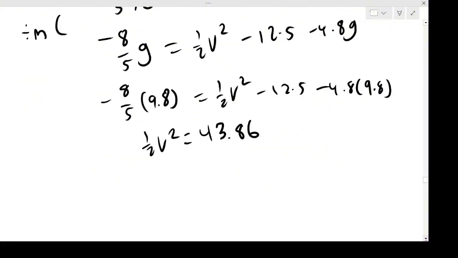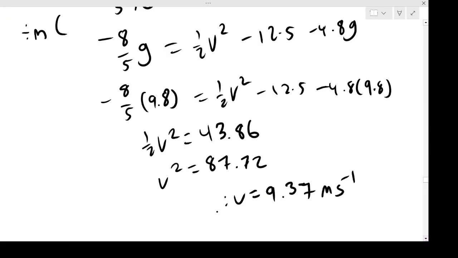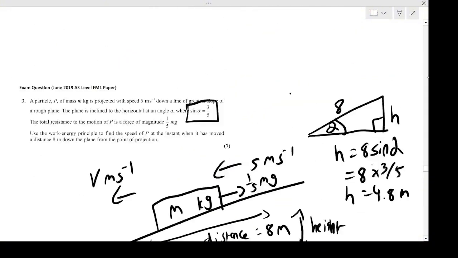So therefore v squared, times by 2, is 87.72. Therefore v, if I root that, I get 9.37 meters per second, and that is my value, 9.37. There we are. Cool.